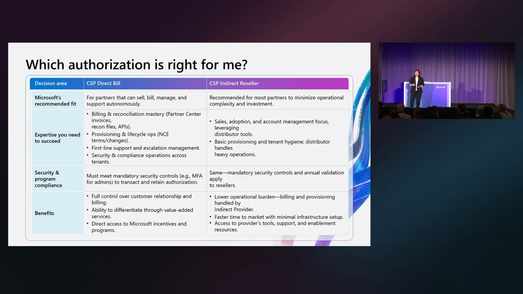But if you are in the indirect reseller motion, a lot of this is taken on by the distributor, okay? We have heard a lot of feedback that distributors are not created equal in the market. We understand that, which is why we also have to raise the bar for our distributor ecosystem. We also help with a designation that allows you to find the best ones equipped to serve you.